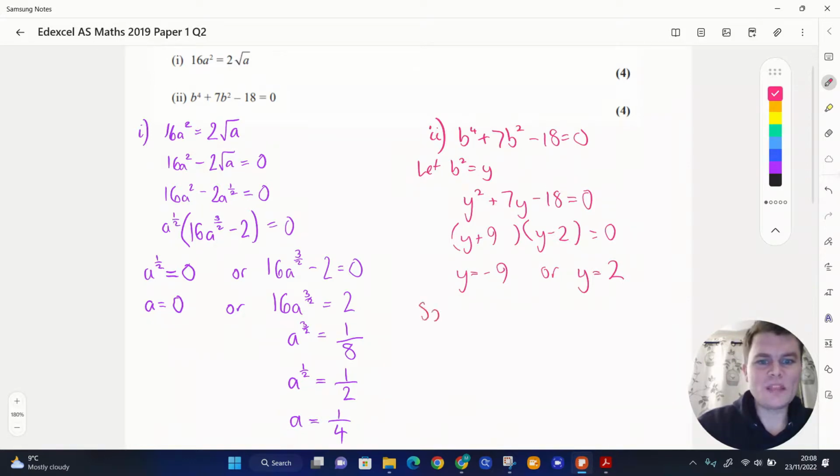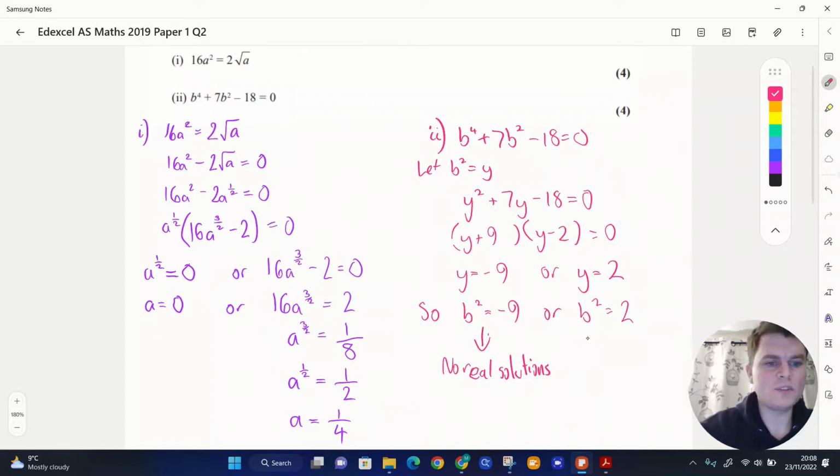So, now we know that, we can bring b squared back. So b squared equals minus 9 or b squared equals 2. This one's easy. No real solutions for that one.